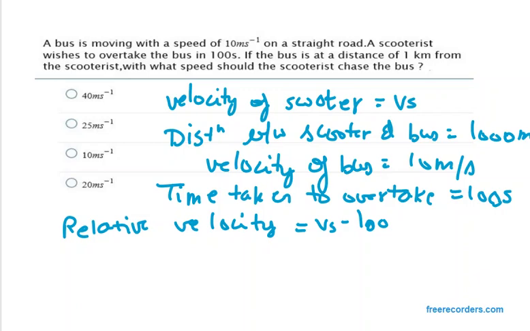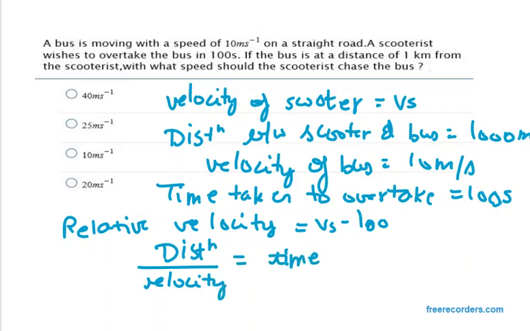Now, as you know, velocity, distance and time have one relation. So I would be taking distance over relative velocity, and here we would have time.